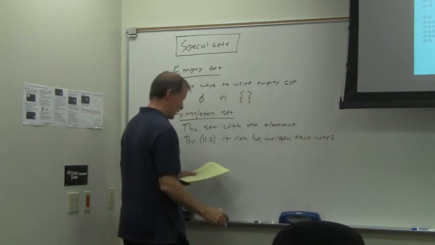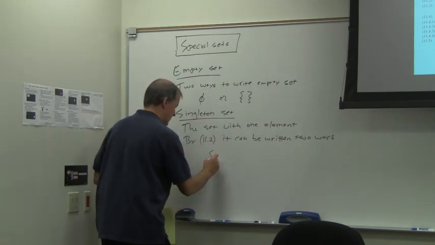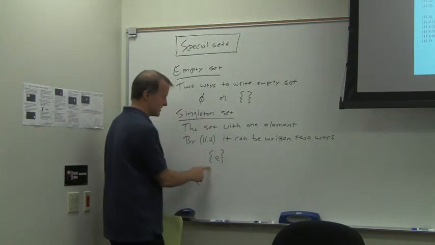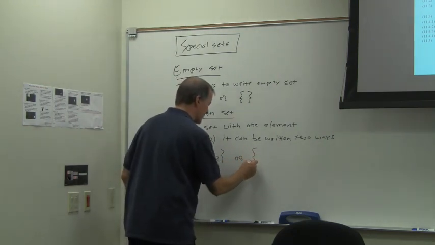You could either write it enumerated, as the set with one element in it, or how would you write this with set comprehension?